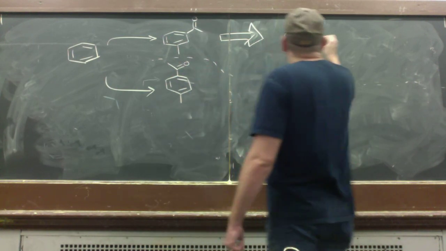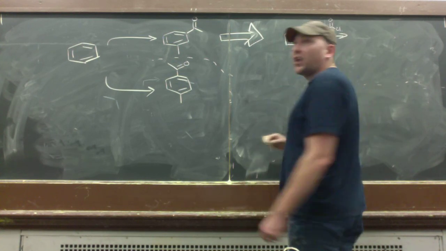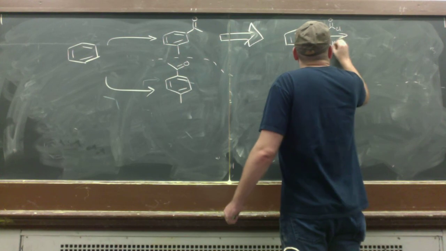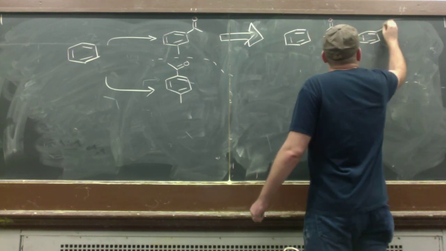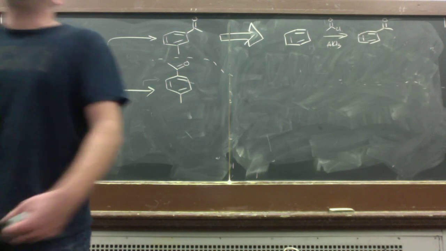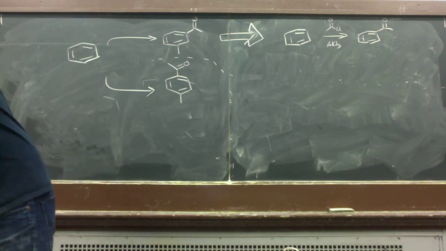So the first step will be Friedel-Crafts acylation. We'll use this and aluminum trichloride or something. Once we have this on there, how do we put a methyl group in? Friedel-Crafts alkylation, right?